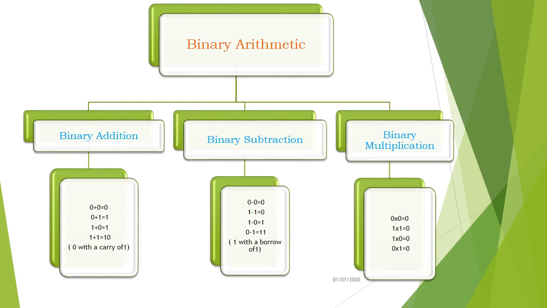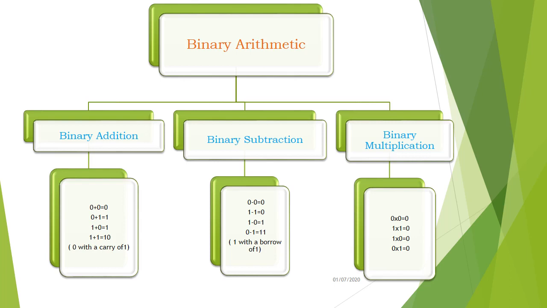In the addition process, when 0 is added with 0, the output is 0. But when 0 is added with 1 or 1 is added with 0, the result is 1. When 1 is added with 1, the resultant will be 0 with the carry value of 1.